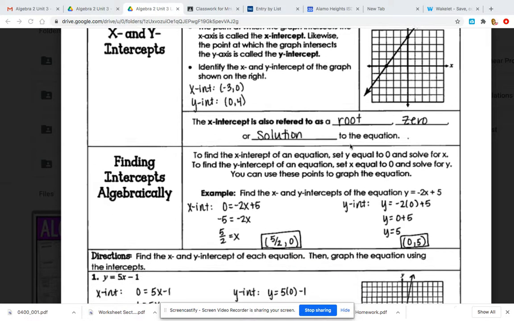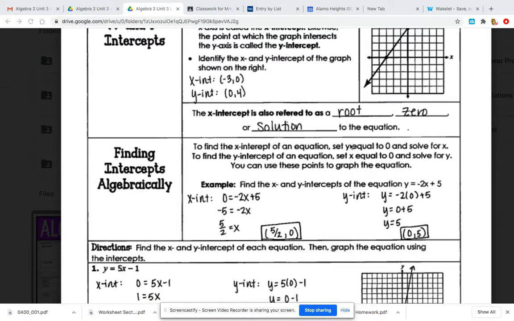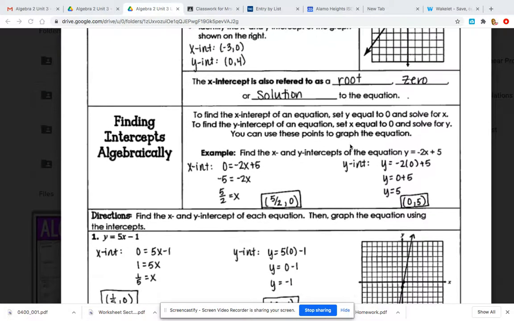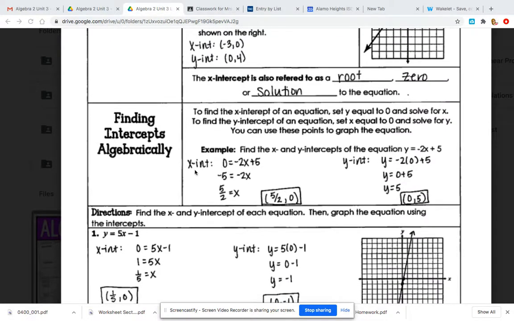Okay. Now, how can I find it algebraically? To find it algebraically, if you're given an equation, to find the x-intercept, you're going to set y equal to 0. Because we know that the y is going to be 0. So if I'm given y equals negative 2x plus 5, that's given. To find the x-intercept, I'm going to put y as 0.